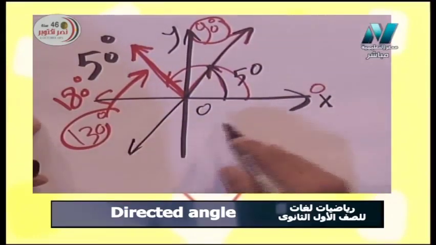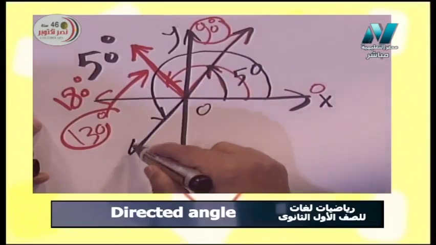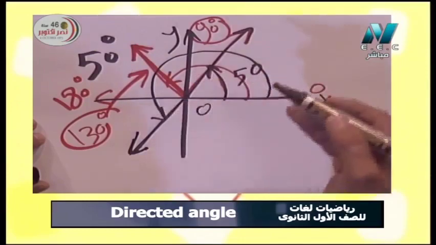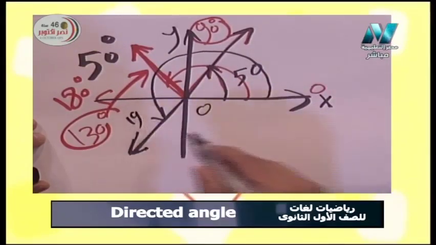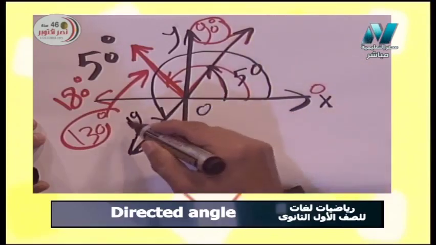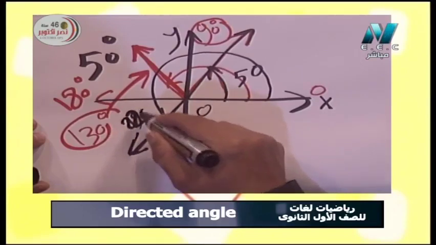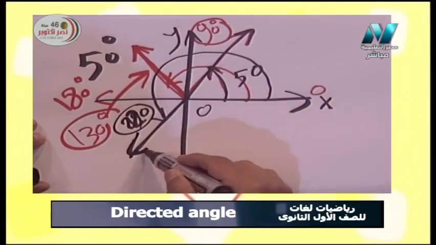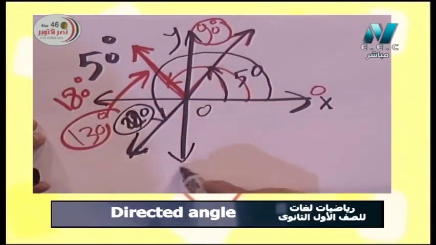here this angle, its terminal side lies in the third quadrant. So it may be 190 or 220. 220 here lies in the third quadrant, because the third quadrant includes angles between 180 and 270 degrees.